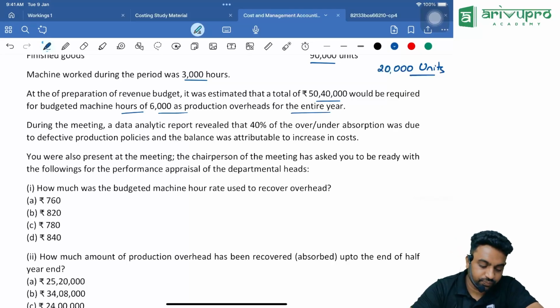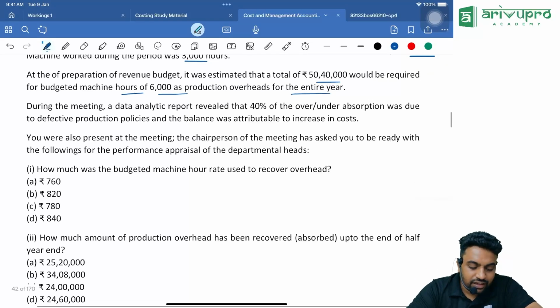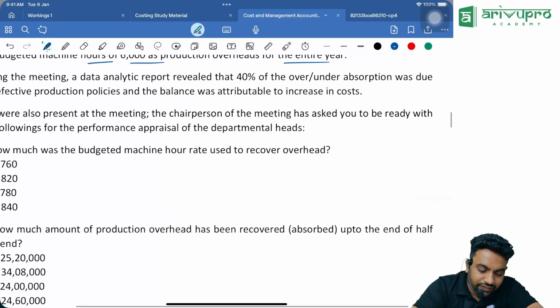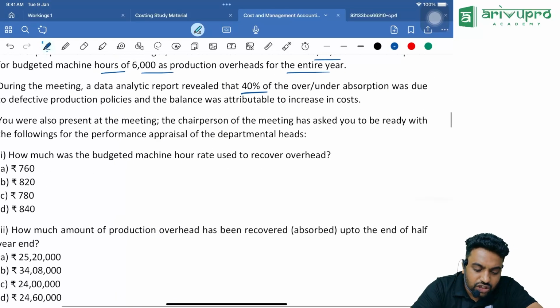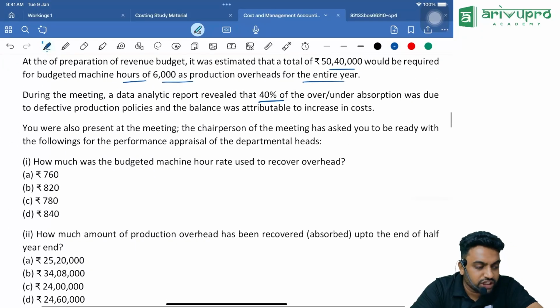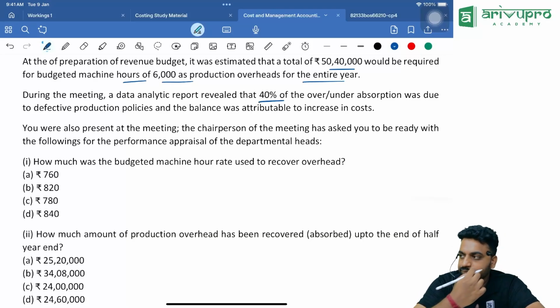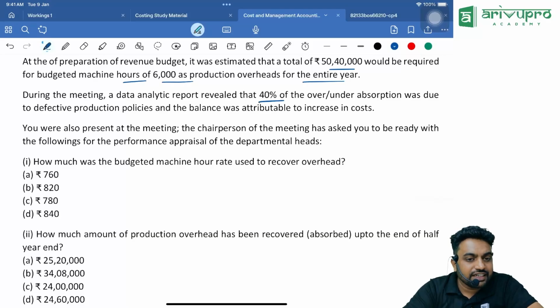During the meeting, our data analytic report revealed that 40% of over or under absorption was due to defective production policies and the balance is due to increase in cost. So 40% of the under or over absorption should be charged to costing P&L. Relating to that, 60% of the under or over absorption should be adjusted to the units produced, that is, cost of production.